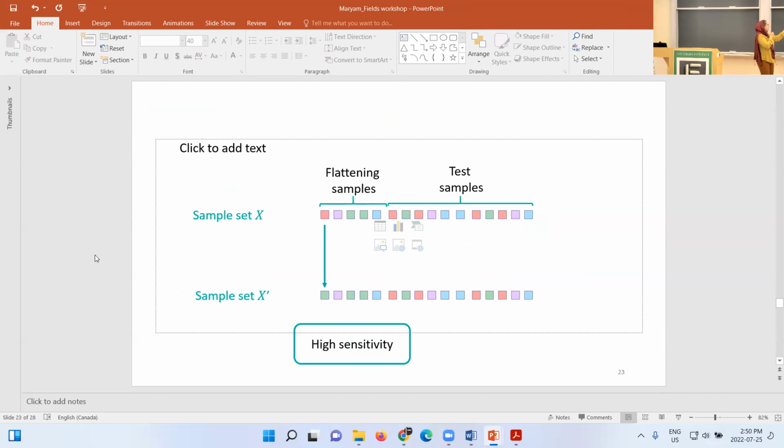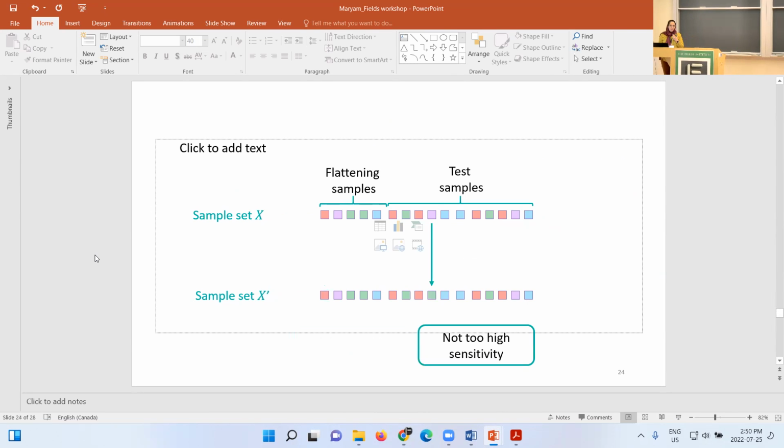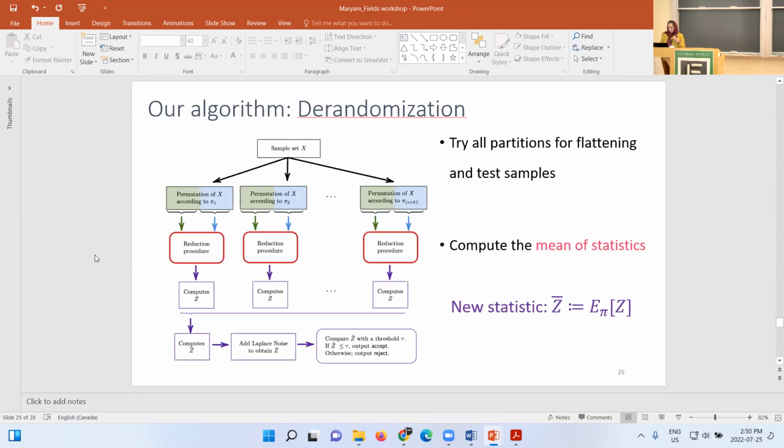Yes, so if we change one sample in the flattening samples, it results in high sensitivity. But if we change one sample in the test samples, it doesn't change our statistic by that much. You can actually show that this part is okay.